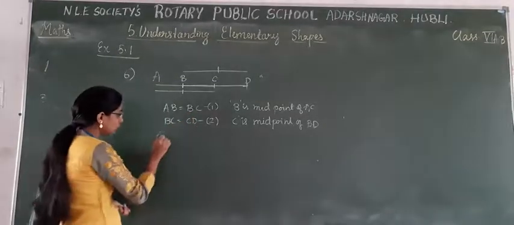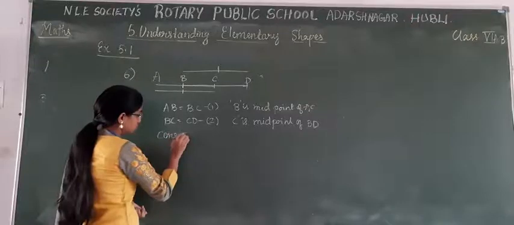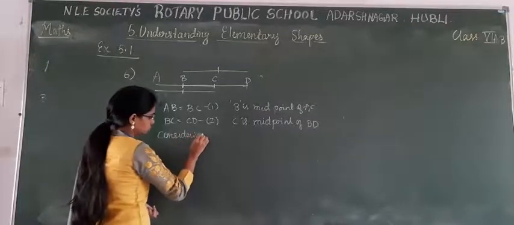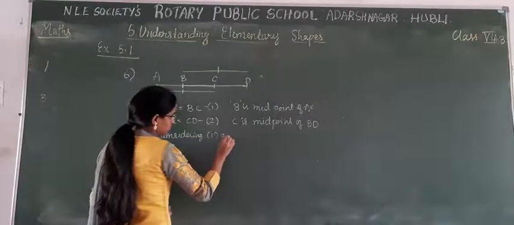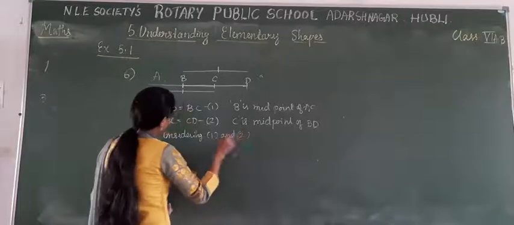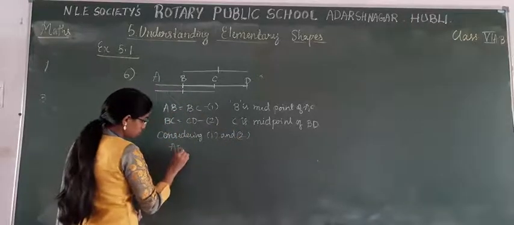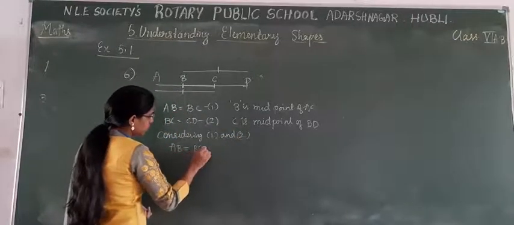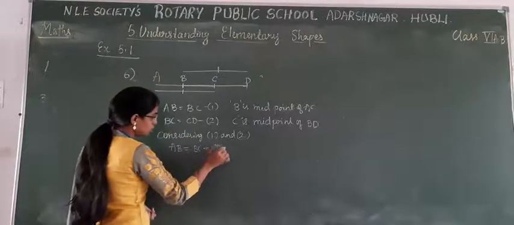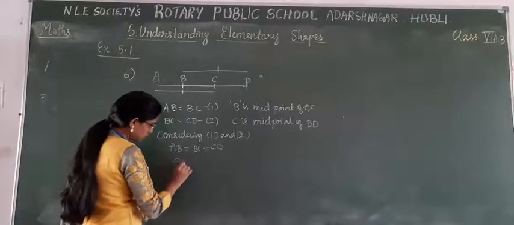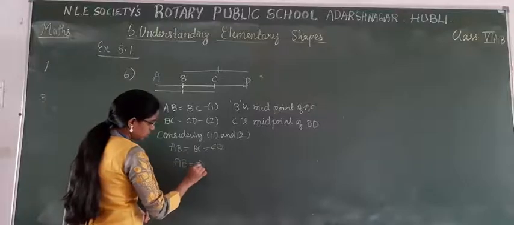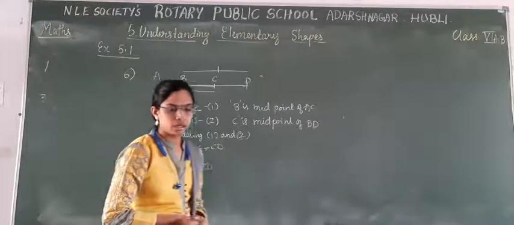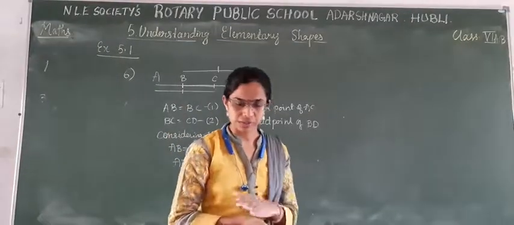Considering 1 and 2, AB equal to BC, which in turn is equal to CD. Therefore, AB is equal to CD. Hence we prove it, because all the points lie in the same straight line.